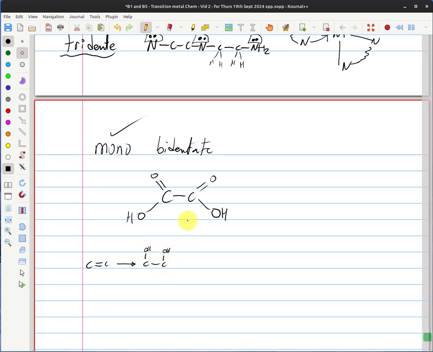Then we can oxidize that further using something like potassium dichromate. In acidic conditions, we can make this dicarboxylic acid. So this is called ethane dioic acid. It's a diprotic acid. It has 2 acidic protons.